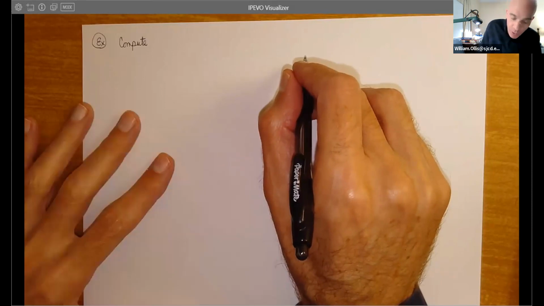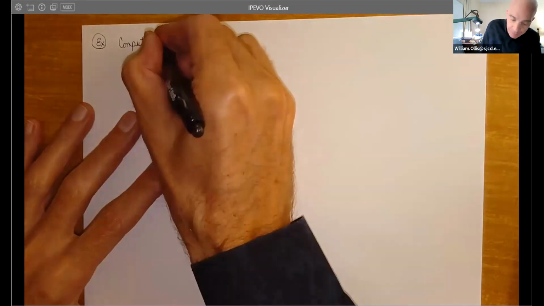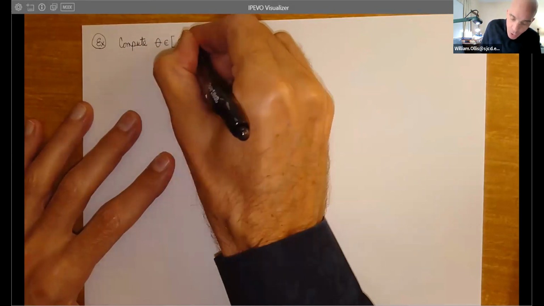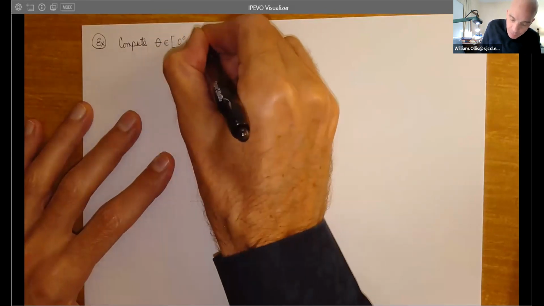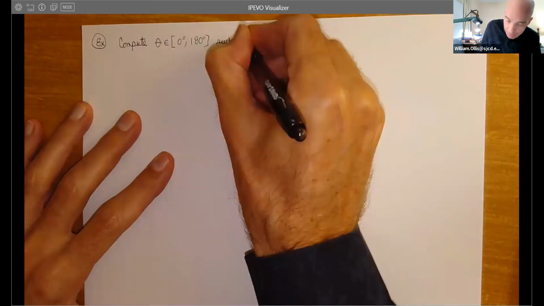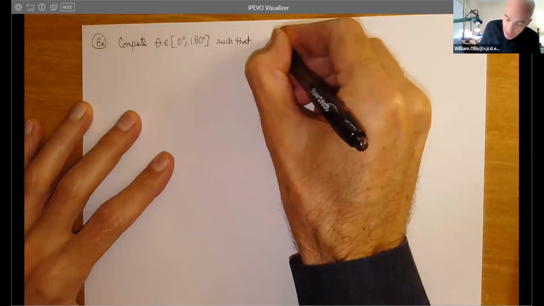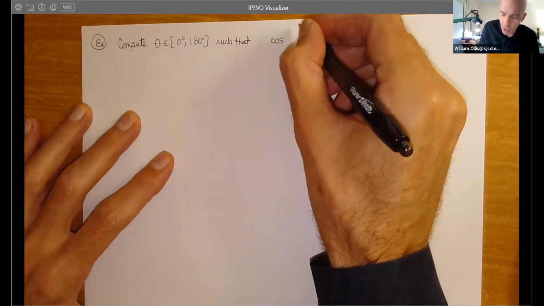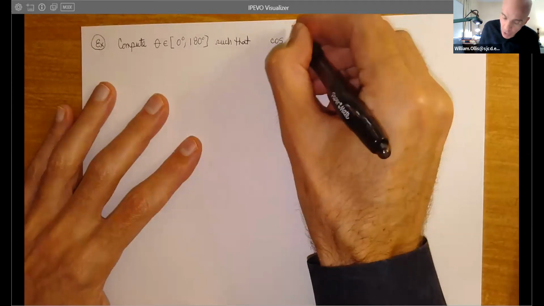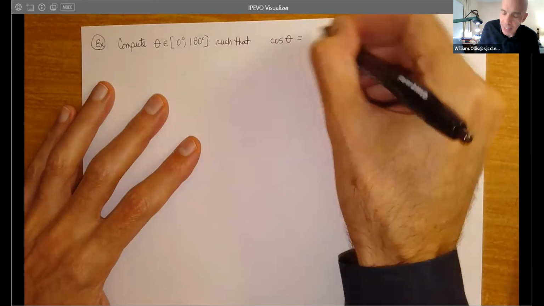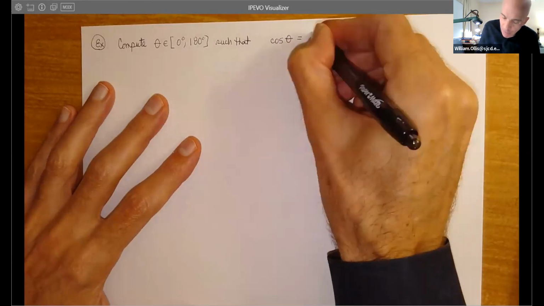So here, what we want to do is compute theta, and I'm going to put in degrees here, 0 degrees to 180 degrees, such that, in this case, I'll go easy on you, or maybe I won't go so easy on you. I'll switch it up a little bit. Cosine of theta equals, let's just say, negative 5/8.